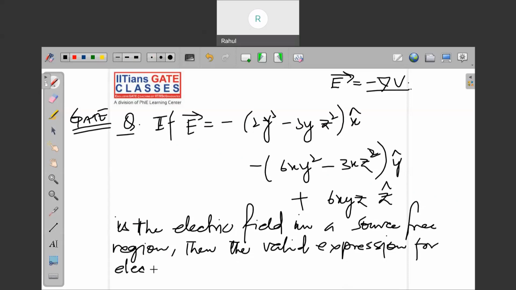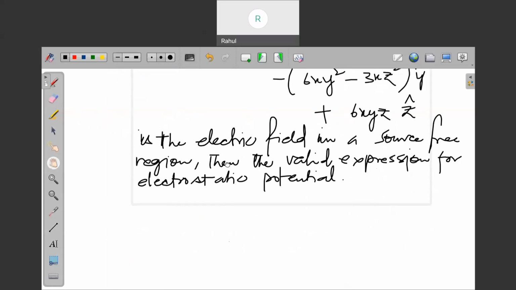So if E is given, and is the electric field in a source free region, where what is the source of electric field? Charge. We have to consider there is no charge.